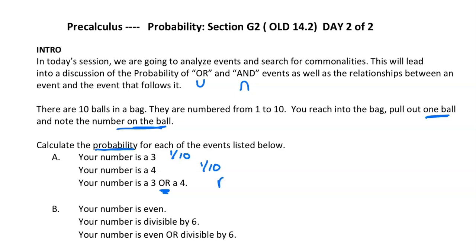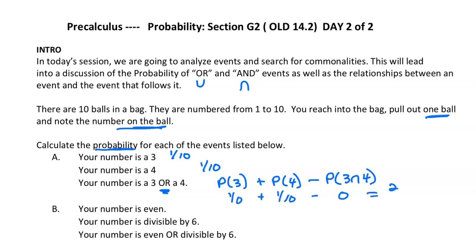So you're going to say the probability of a 3 plus the probability of a 4 minus the probability of a 3 and a 4, which is going to be 0. This is 1/10 plus 1/10, and your answer is going to be 2/10. Now this will make more sense in the next example.